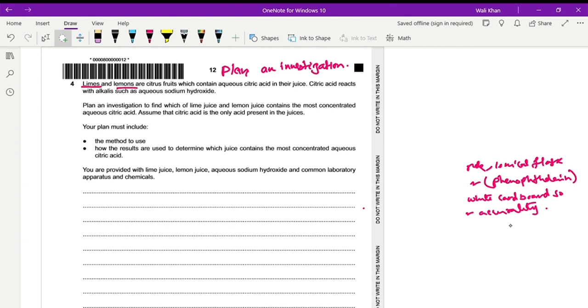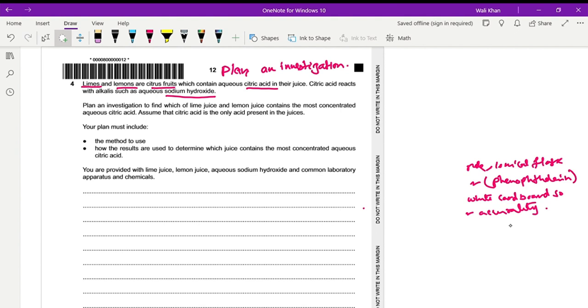Limes and lemons are citrus fruits which contain aqueous citric acid in their juice. Citric acid reacts with alkalis such as aqueous sodium hydroxide. Plan an investigation to find which of lime juice and lemon juice contains the most concentrated aqueous citric acid. Assume that citric acid is the only acid present in the juice.